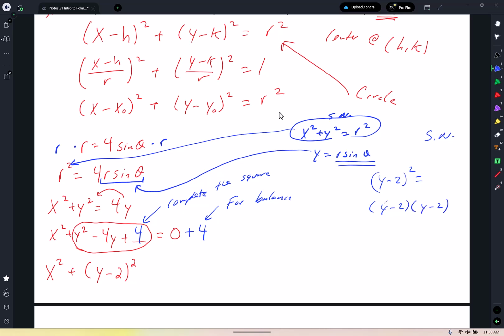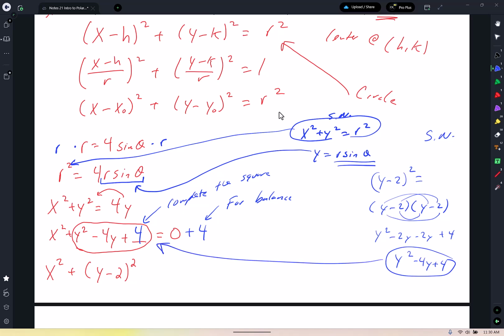And then look, y times y is y squared. y times negative 2, minus 2y. Negative 2 times y, another minus 2y. And 2 times negative 2 is plus 4. y squared minus 4y plus 4. That is that. So y squared minus 4y plus 4 just turns into y minus 2 with a square on it.